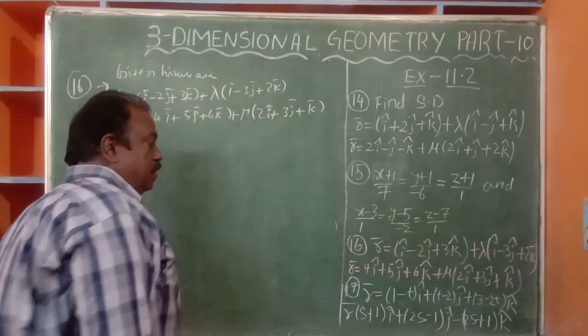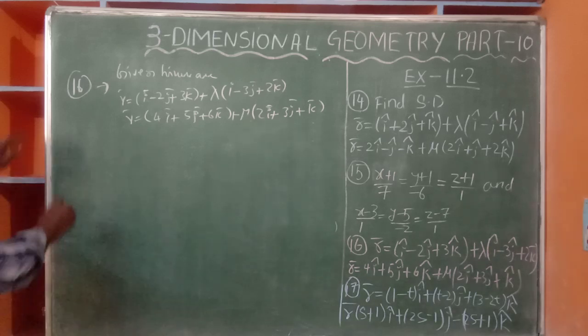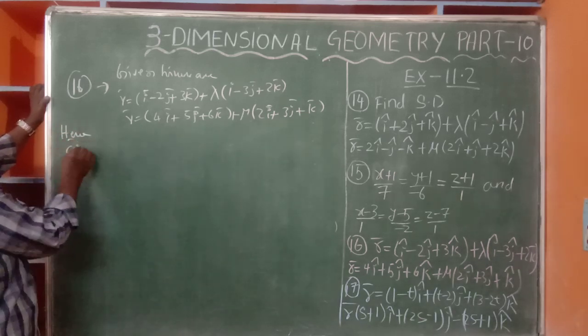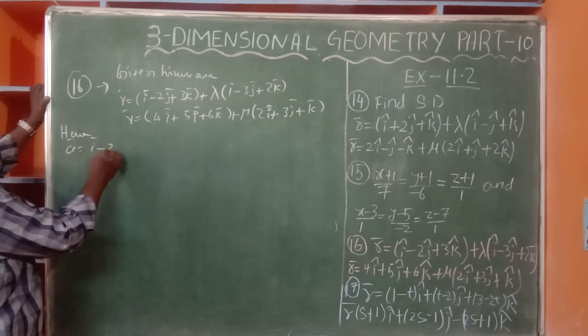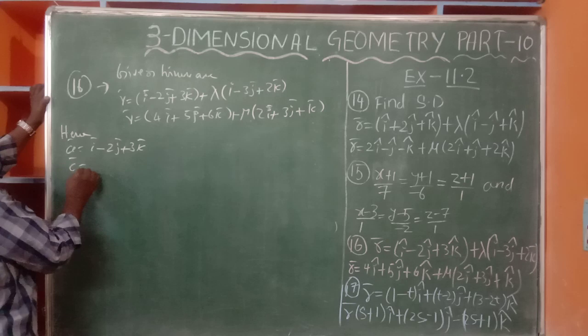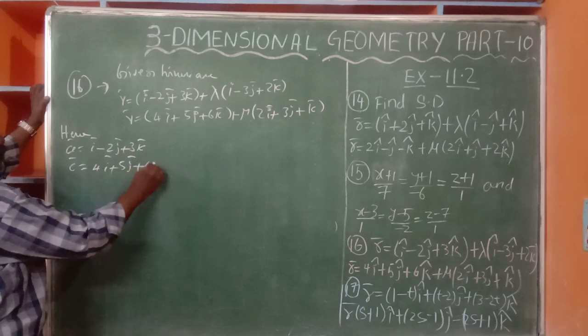Okay, now you see that. Here a bar is equal to i minus 2j plus 3k. c bar is equal to 4i plus 5j plus 6k.